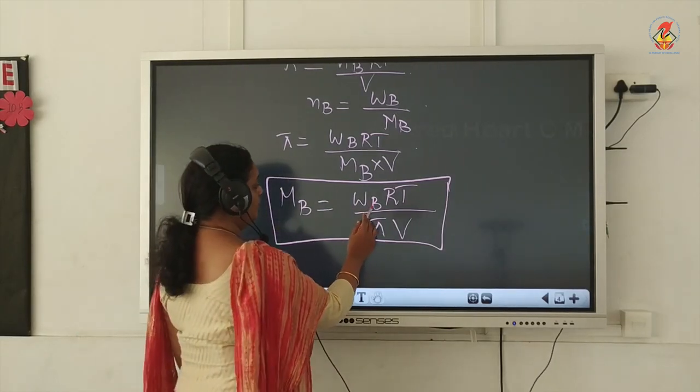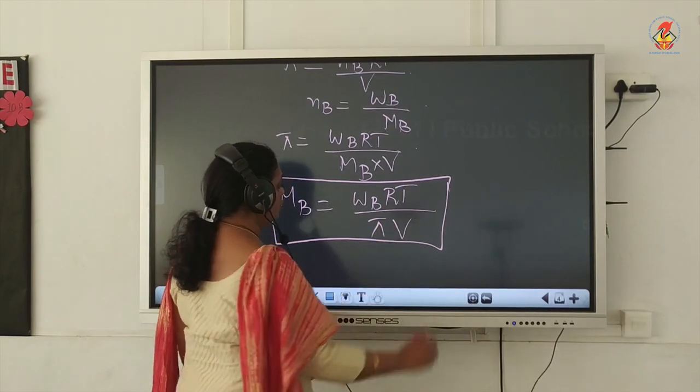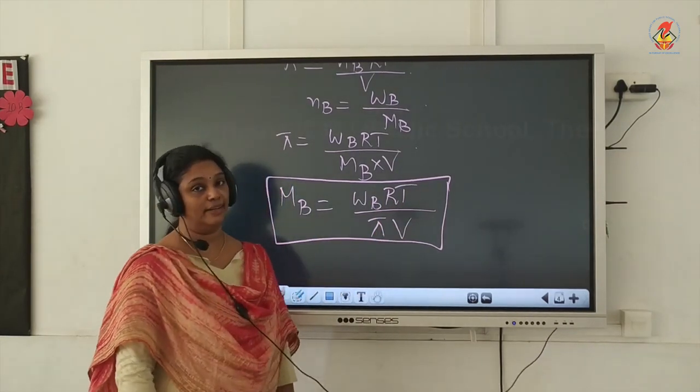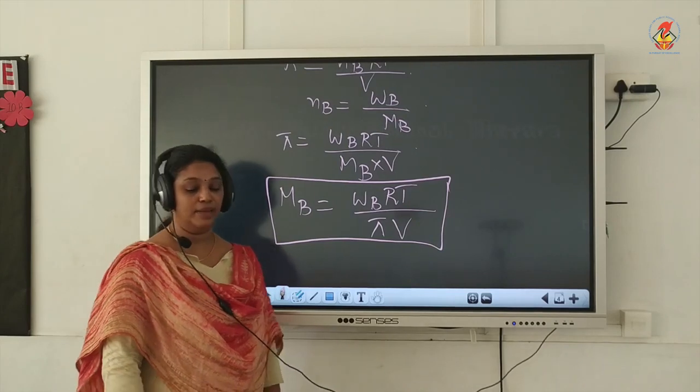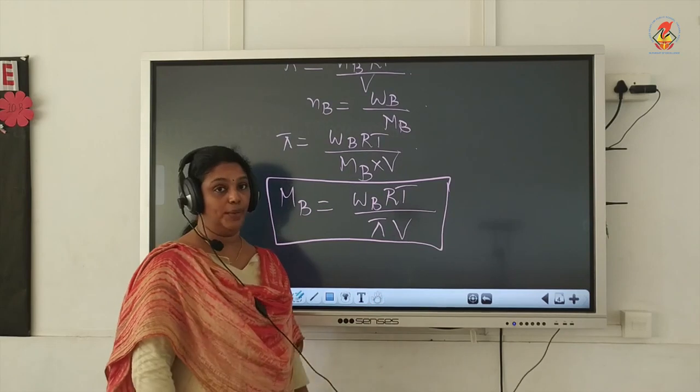WB is the mass of solute, R is the gas constant, T is the temperature, pi is our osmotic pressure, and V is the volume of solution in liters. So MB is equal to WBRT by pi V.